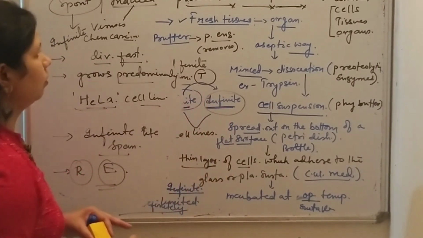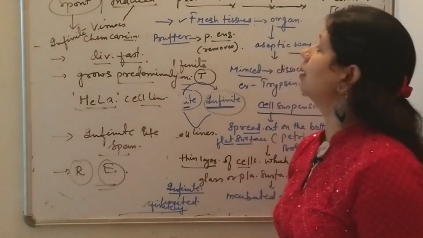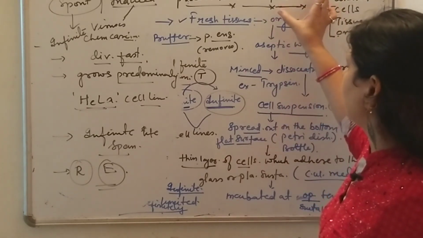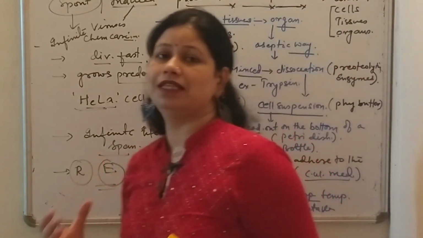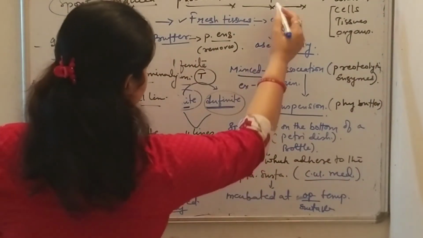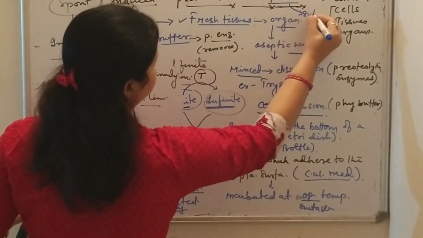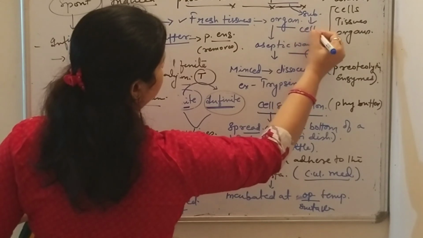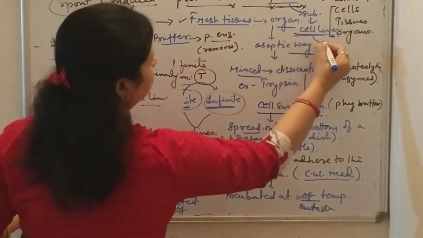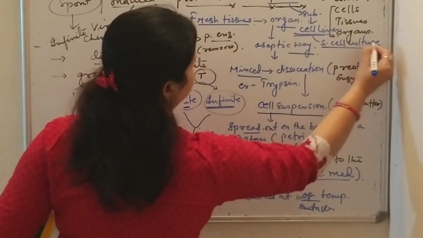So this is all about the primary cell culture and how we can obtain it. After subculturing the primary cell culture, we obtain two types of cell lines. When primary cell culture is subcultured, cell lines are obtained, and we can also call them secondary cell culture or cell lines.